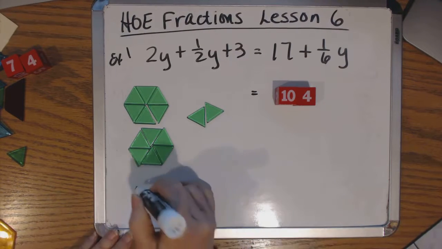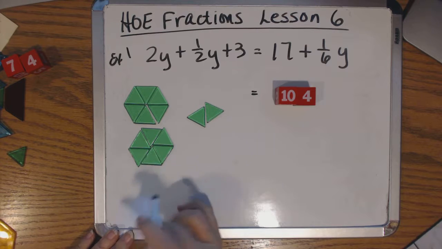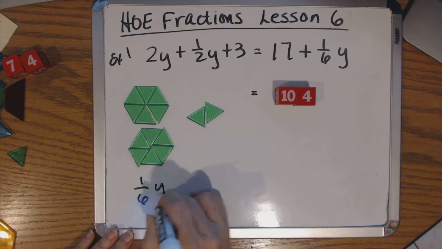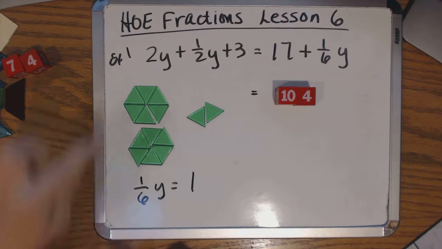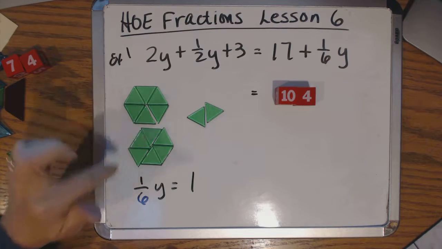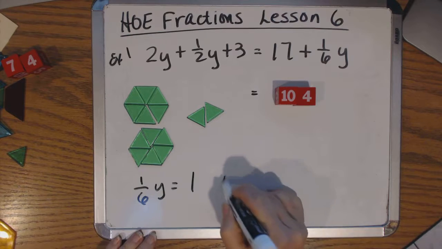It becomes really obvious that 1/6 of y does equal 1. And therefore, if each one of these is 1, then a whole y is going to equal 6.